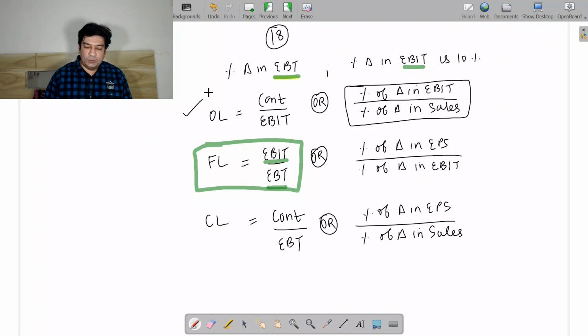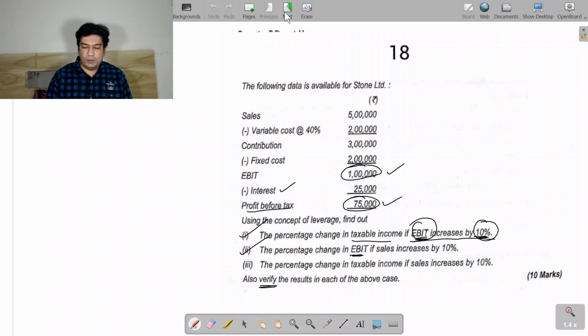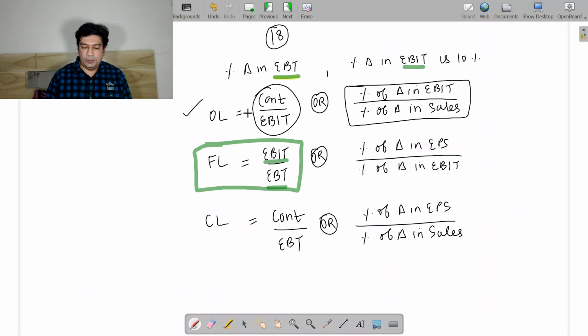So I will be using the formula of operating leverage because I have EBIT and sales correlation over here. Now I can find it by either of the ways. You know the formula for operating leverage, which is contribution divided by EBIT.